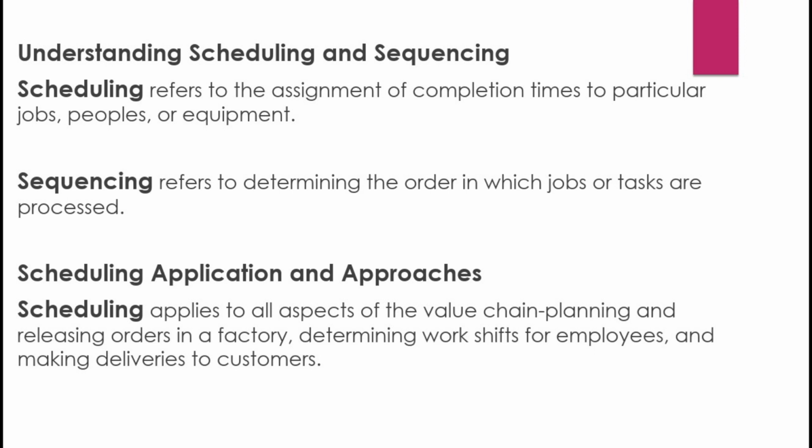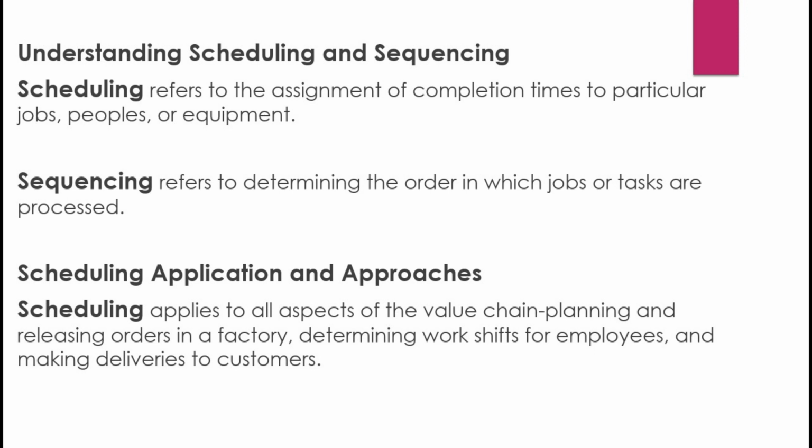Sequencing refers to determining the order in which jobs or tasks are processed. For example, triage nurses must decide on the order in which emergency patients are treated. Housekeepers in hotels must sequence the order of rooms to clean.